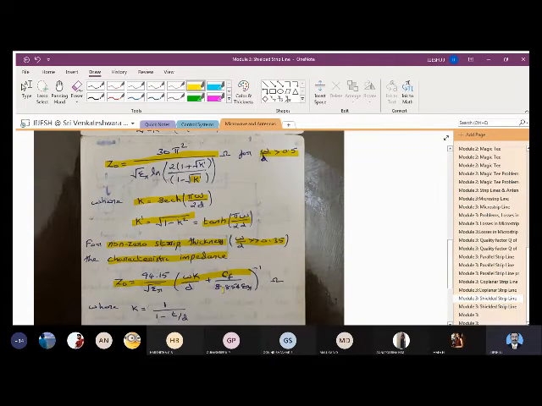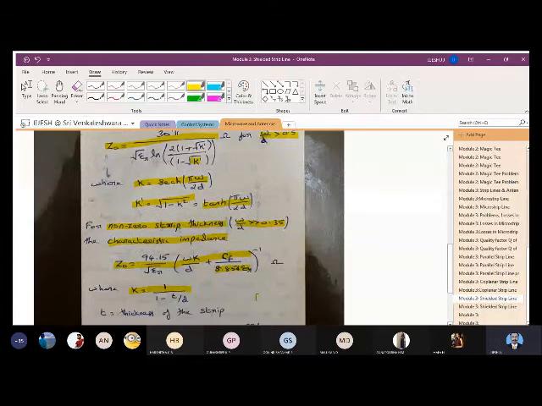So the characteristic impedance for a non-zero strip thickness is given as 94.15 divided by root of epsilon r, Wk by D plus Cf divided by 8.854 epsilon r, and here the equation for K is given as 1 divided by 1 minus T by D. Here you are going to study almost 5 new equations, so please remember these equations for all these terms.